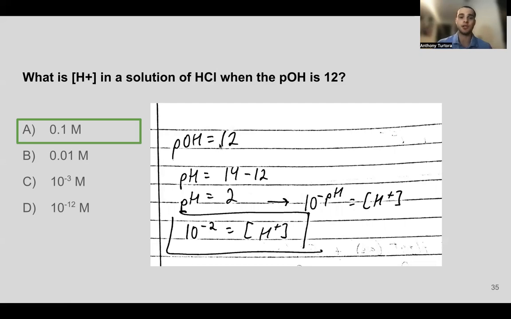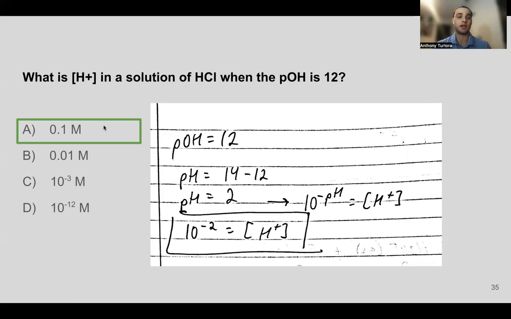So I wrote down my pOH value, and I know that my pH is going to be 14 minus 12, as pH plus pOH equals 14. I find my pH is equal to 2, and then I also know that 10 to the negative pH power is equal to my hydrogen ion concentration.